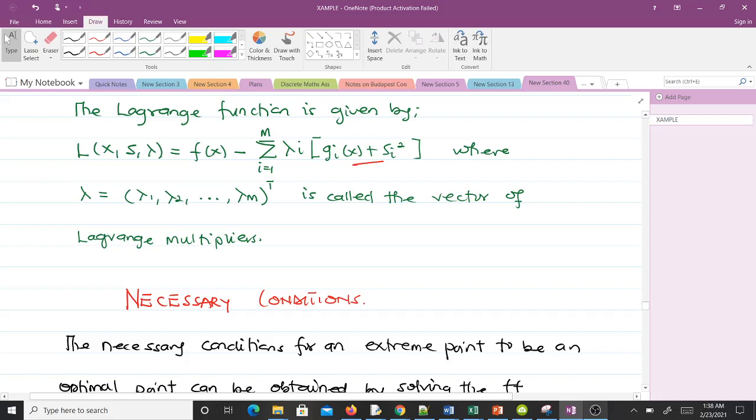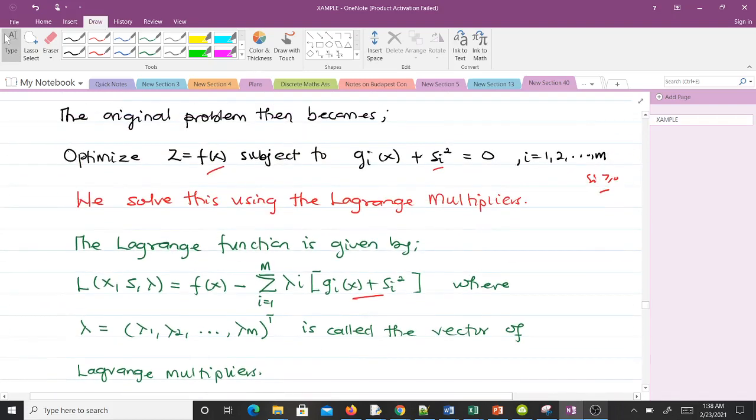So we try to convert the inequality constraint to an equality constraint by adding what we call a slack variable. When we add that to our constraint, our original question, this objective function plus this constraint, becomes this objective function plus this constraint. Then we use the Lagrange multipliers, which we already learned in our previous video, to solve them.